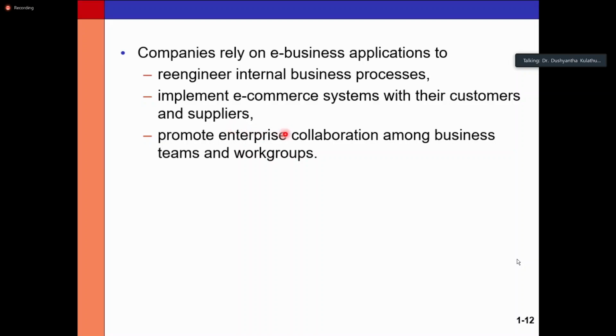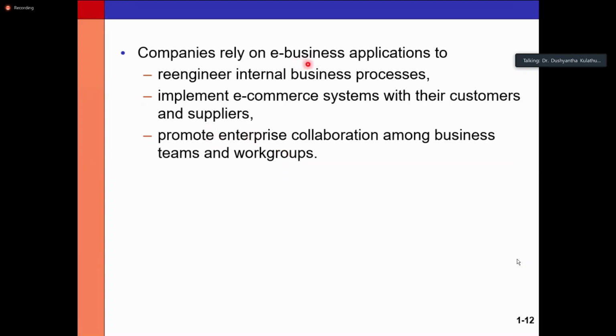And also promote enterprise collaboration among business teams and work groups. We mentioned the utilization of teams and work groups within organizations. The organization may form different teams or work groups in order to achieve certain goals and objectives, maybe to execute certain projects and so on. So the collaboration among team members, among the members in a particular work group, will be very critical in executing the particular tasks.